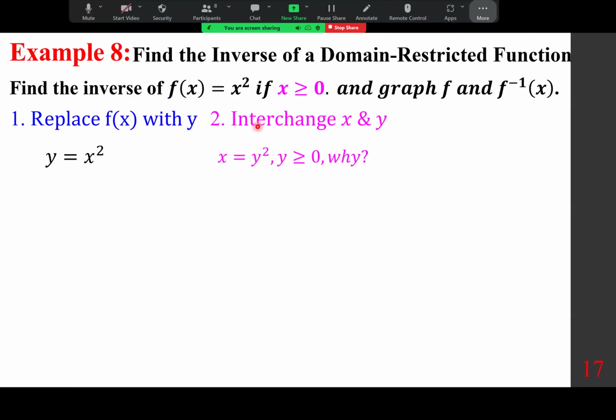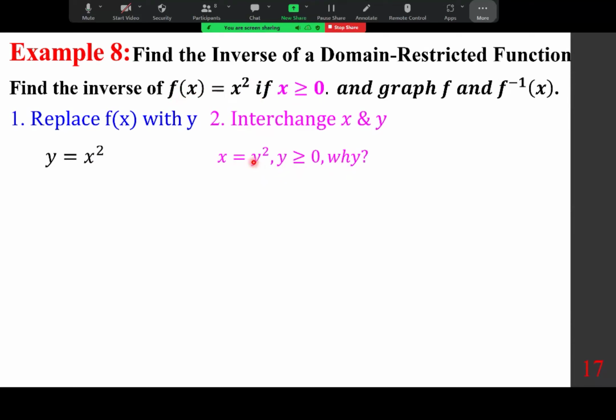Here's the reason. The moment you interchange x and y, you find the inverse. So x larger than or equal to 0 for f of x corresponds to y larger than or equal to 0 for its inverse. This is its inverse, but we will solve for y.